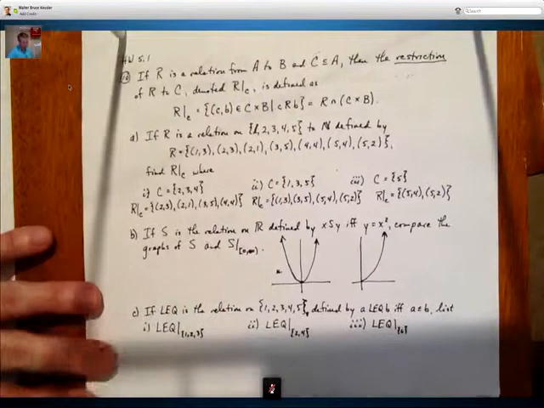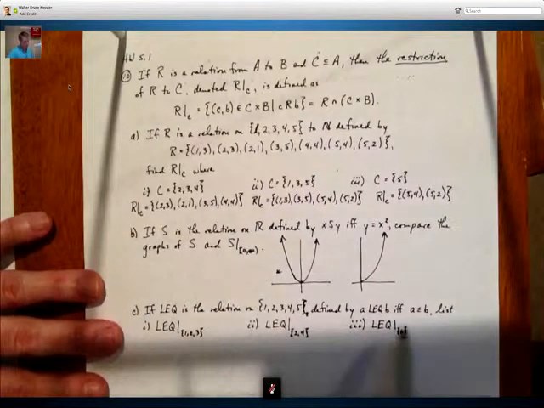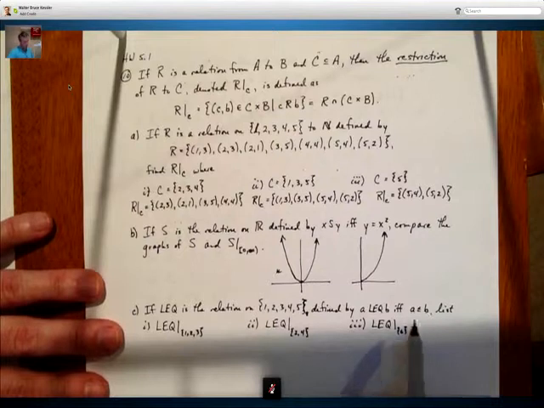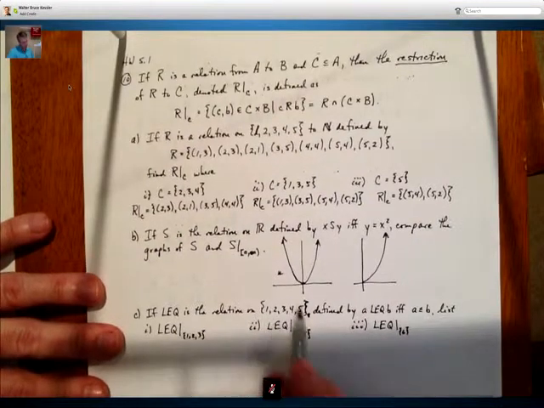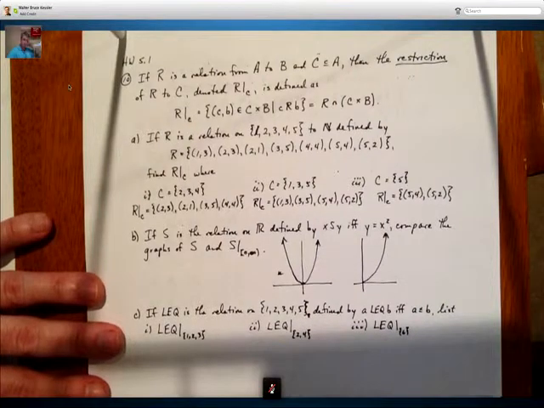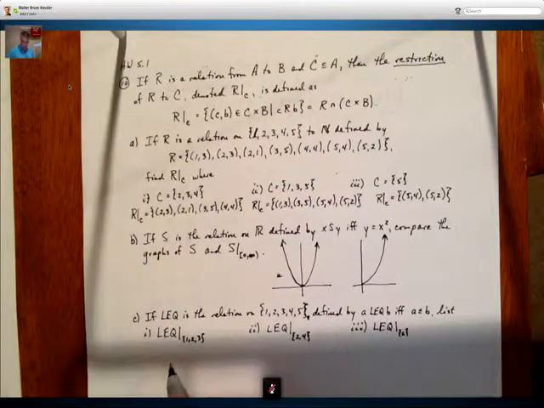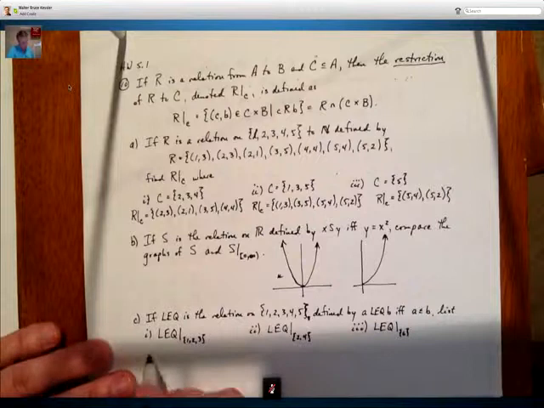Okay. If LEQ is the relation on 1, 2, 3, 4, 5 defined by less than or equal to, then list the things in this relation, which is all ordered pairs that you can have with those things in the first and second coordinates, that have 1, 2, or 3 in the first coordinate.